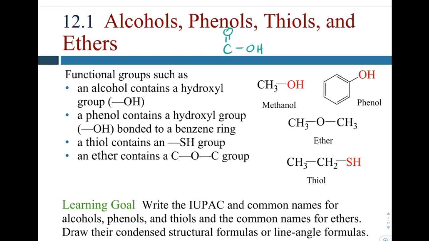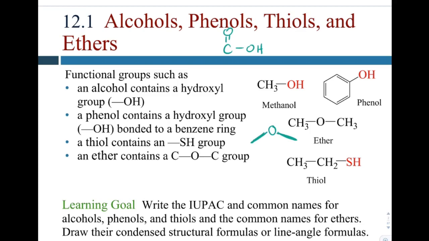An ether is kind of like an alcohol, but instead of an H, we have another carbon group. I always remembered an ether by looking at it like this. It kind of looks like a bat flying with wings, and for some reason that made me think of an ether.